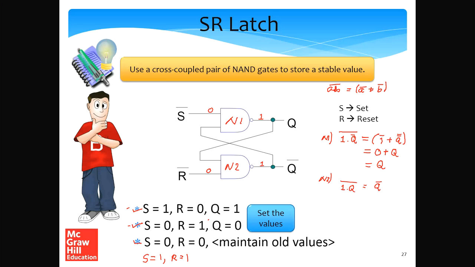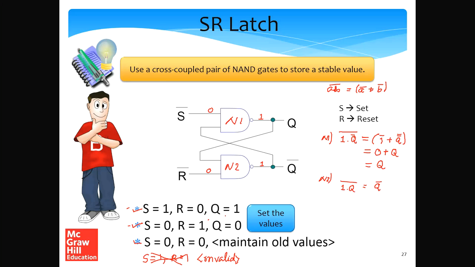And so both Q and complement of Q will be equal to 1. So in a sense, this is an invalid input, right? It produces something that we don't like, so it's invalid as an input. You cannot set and reset the latch at the same time, so we will not consider this input at all. We'll only consider the top 3 inputs.